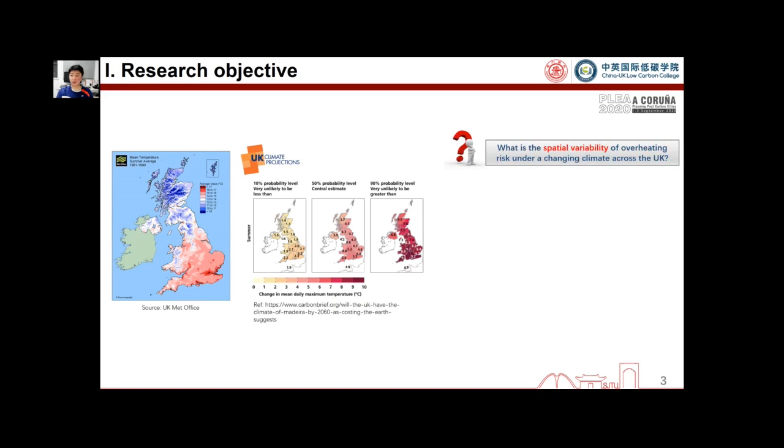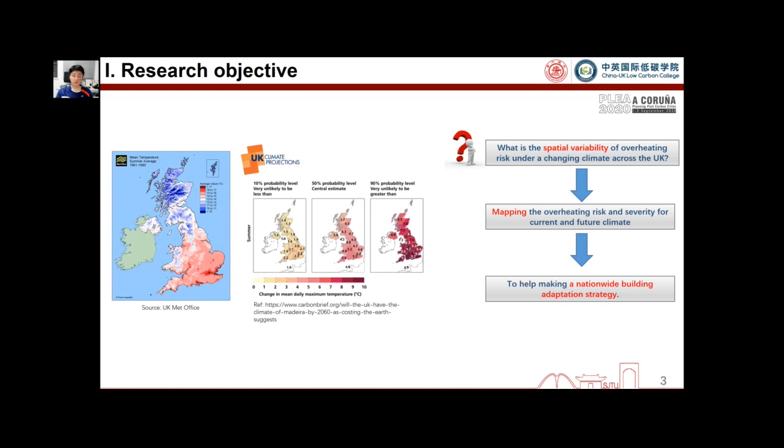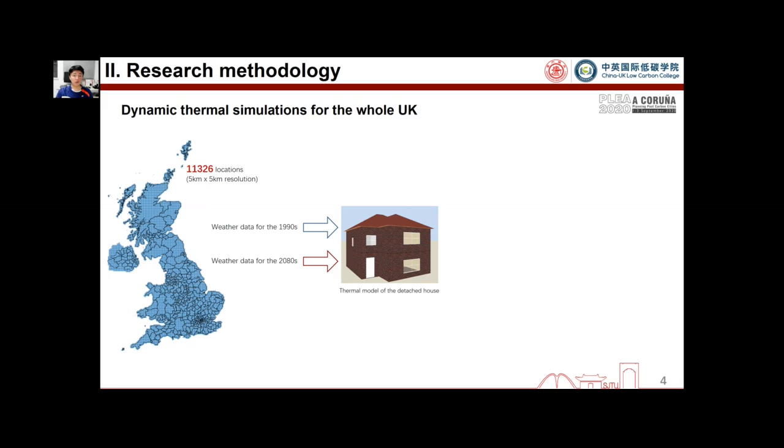What's the spatial variability of overheating risk under changing climate across the UK? We need a map of the overheating risk under changing climate, and with the map we can help the country or the local authority to identify the area of most concern regarding the overheating risk and to make a more cost-effective building adaptation.